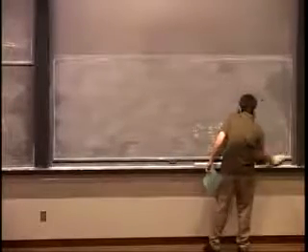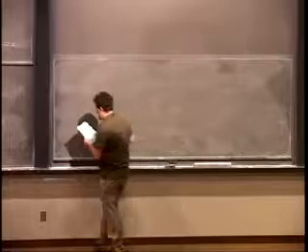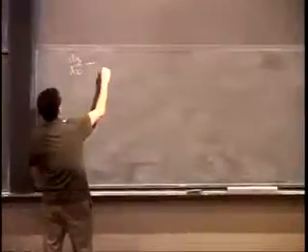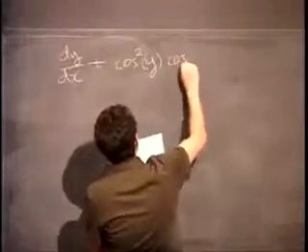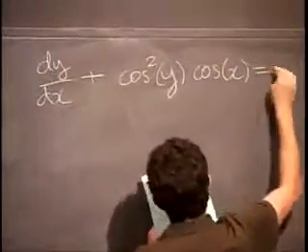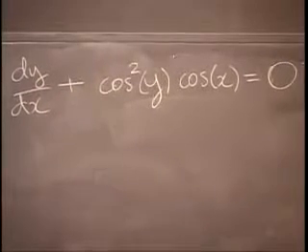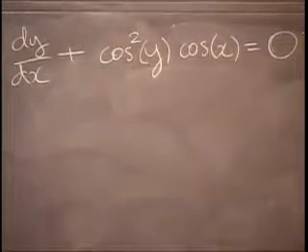All right, so here's a slightly more exotic equation. Consider this: dy/dx plus cosine squared y cosine x equals 0. Doesn't quite look separable, but it is.